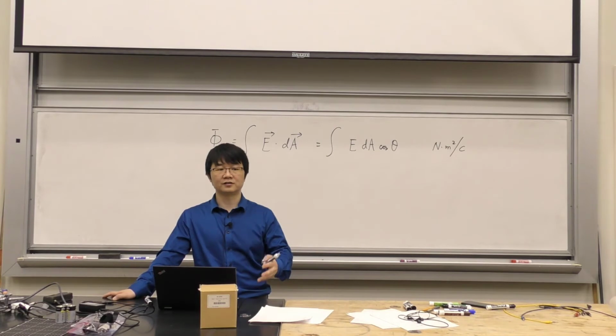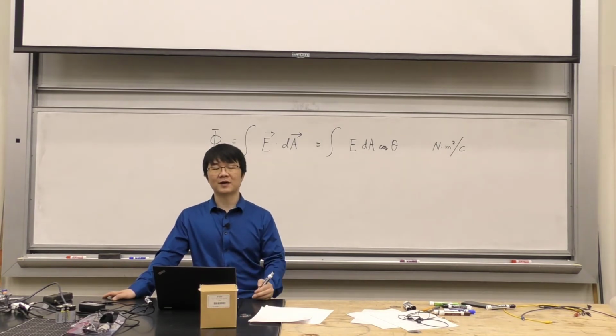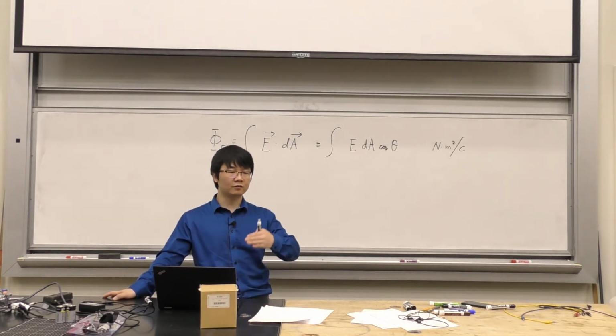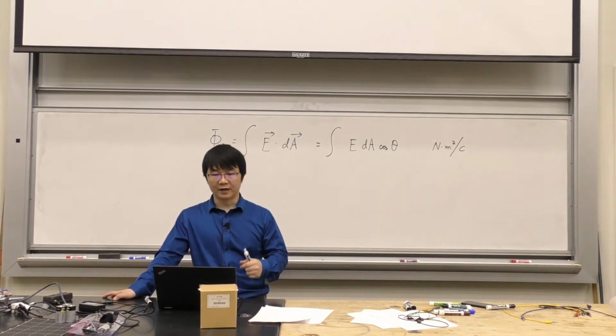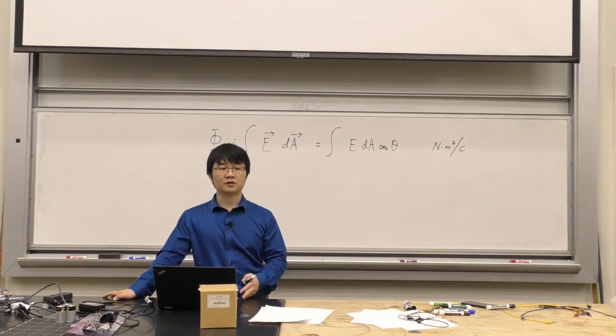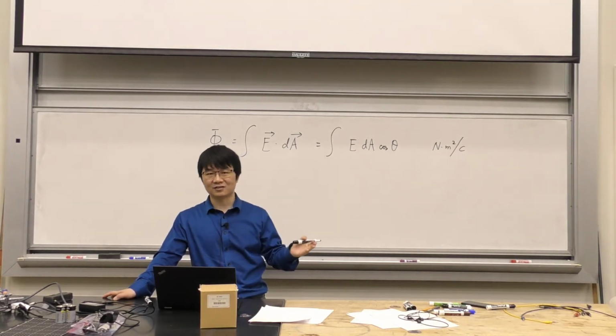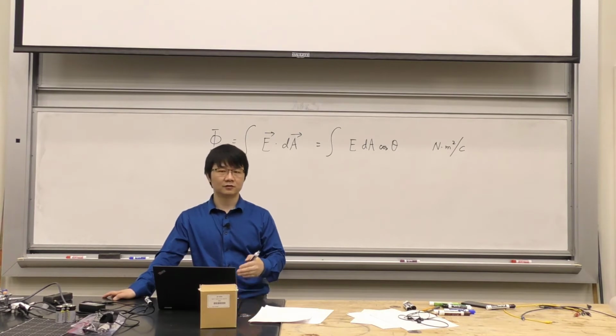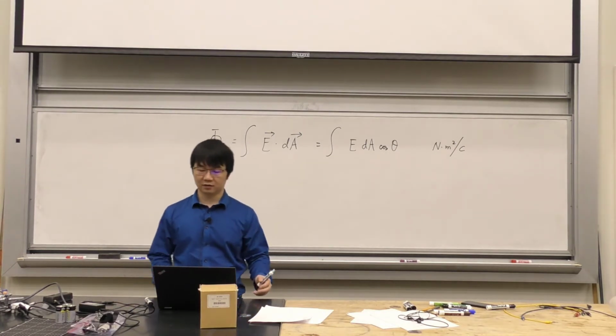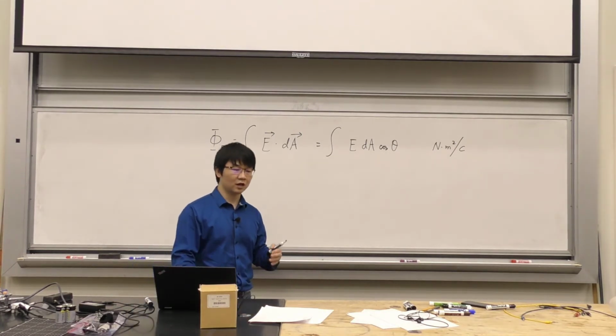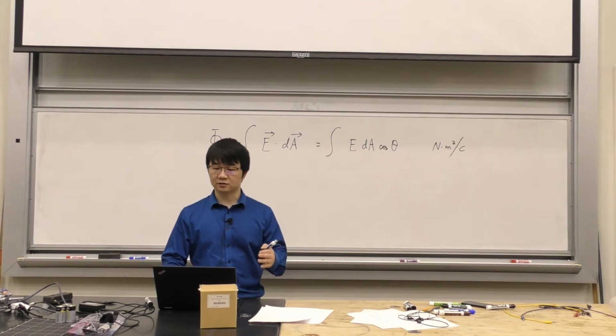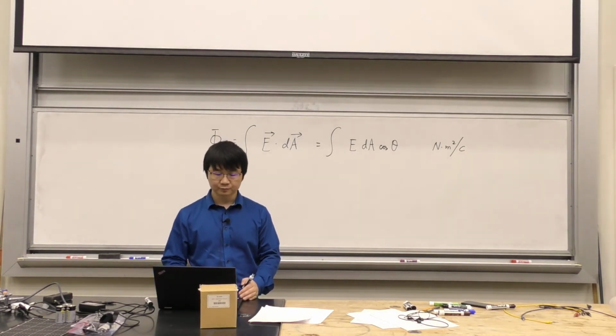If there are a lot of lines passing through a surface, it has a lot of flux. If there are no lines passing through the surface, zero flux. If there are very few electric field lines passing through the surface, very small electric flux. I hope that helps you understand and visualize electric flux. This is a totally mathematical concept.